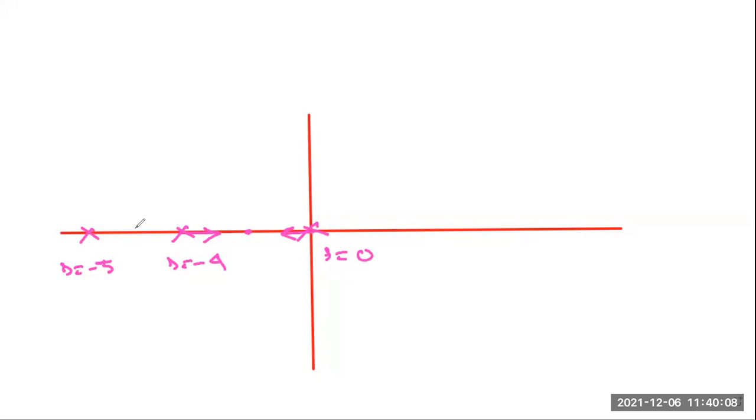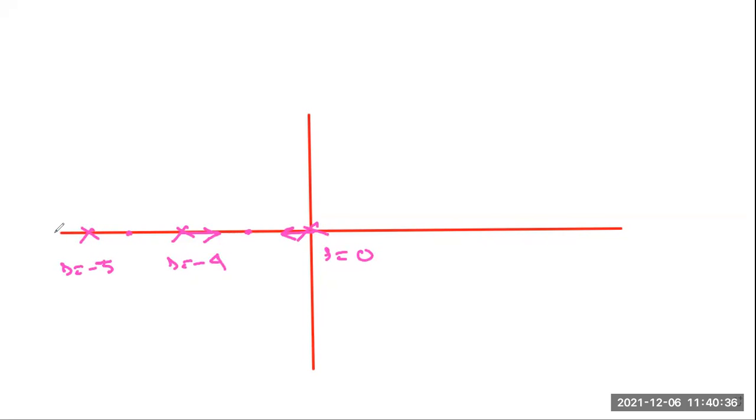Now let us consider any point between s = -4 and s = -5. If you take any point here, will the root locus exist? No, sir. Because to the right of this particular point there are two poles, which is an even number, so no root locus will lie here.